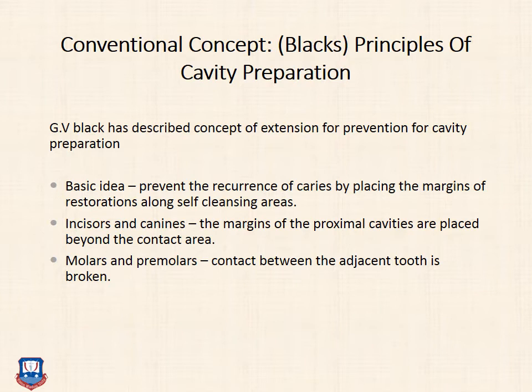In the incisors and canines, the margins of the proximal cavities are placed beyond the contact area, while in the molars and premolars, the contact between the adjacent teeth is broken. So for incisors and canines, we have to place the proximal cavities beyond the contact point, while in molars and premolars, we have to break the contact between the adjacent tooth.